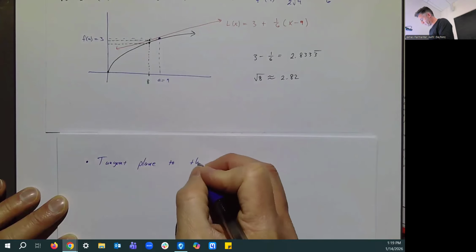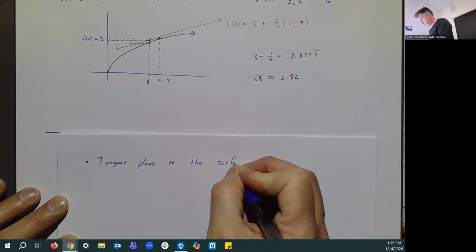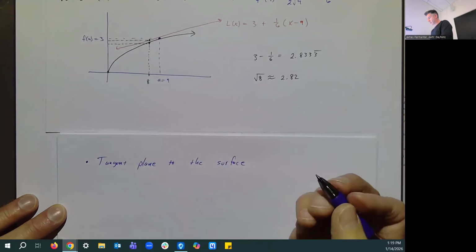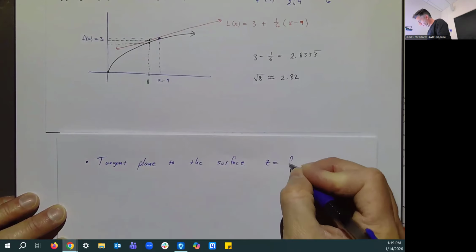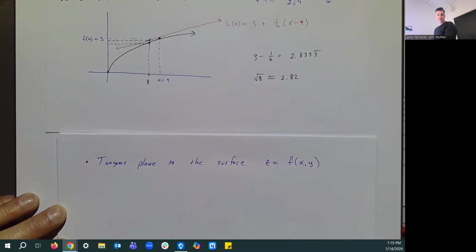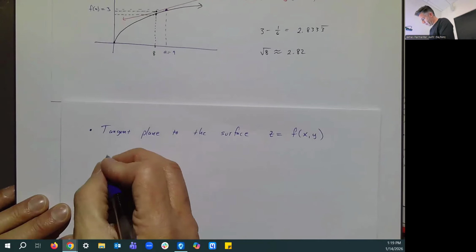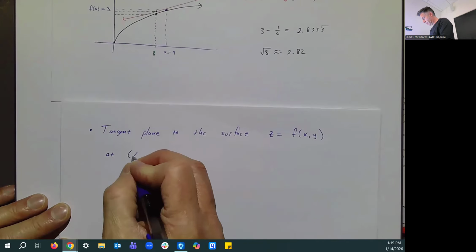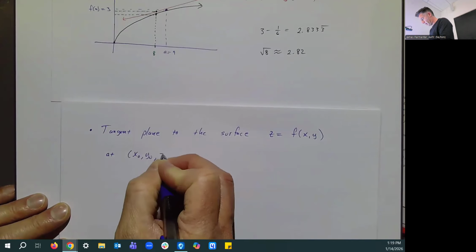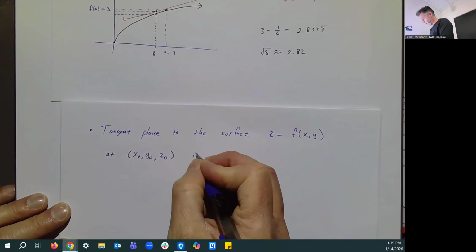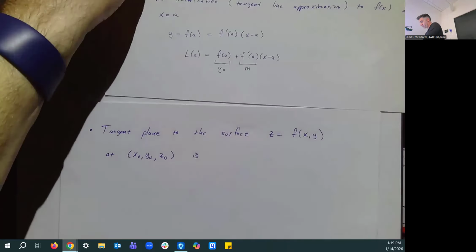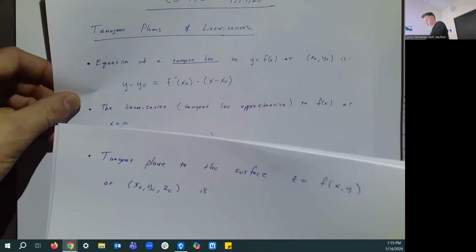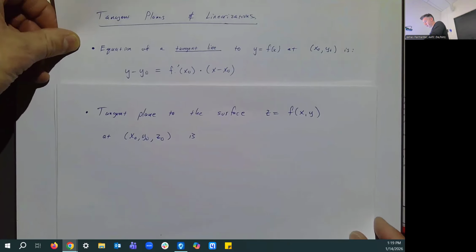to the surface, which I usually think of, instead of y equal to f of x, as z equal to f of x comma y, at the point, instead of x naught, y naught, it's going to be x naught comma y naught comma z naught, is given by, in fact, let me grab the other page here just so you can see how similar these are going to look. So here's the previous tangent line equation.